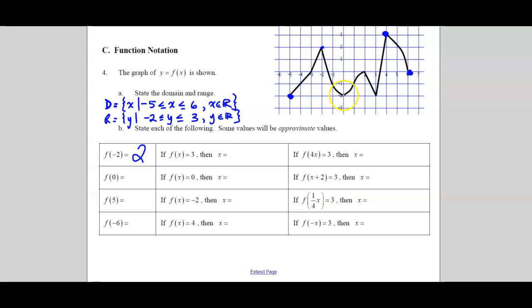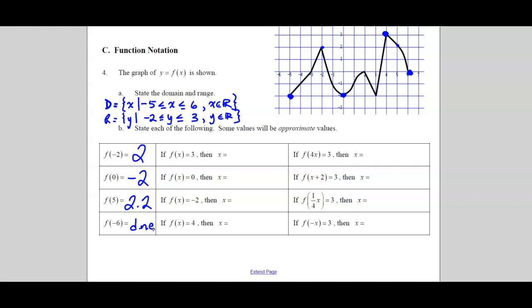Go to the point on the graph, y is -2. When x is 5, what's y? Go up. It says approximate, because it looks a little bit above 2. I'd say maybe 2.2. Can't tell exactly. And when x is -6, what's y? Well, it doesn't exist. There is no point on that graph. So I'm just going to put DNE. We often use that, especially when we get to calculus, for does not exist.